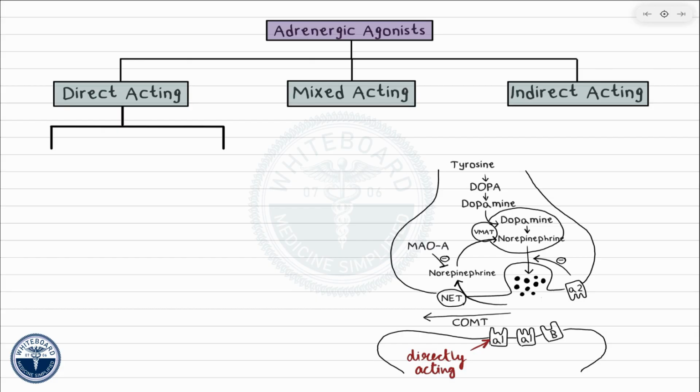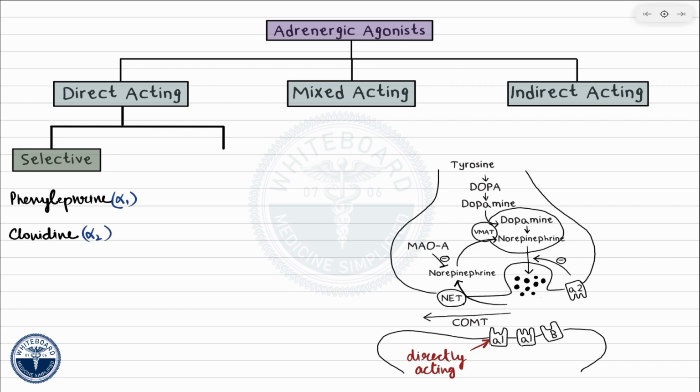Some of these drugs are highly selective for a particular receptor subtype. For example, phenylephrine selectively stimulates alpha-1 receptors. Clonidine primarily stimulates alpha-2 receptors. Other direct-acting agents are less selective and can activate multiple receptor types simultaneously.